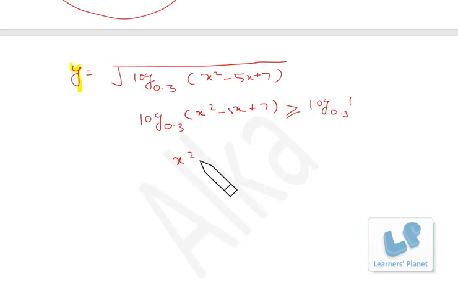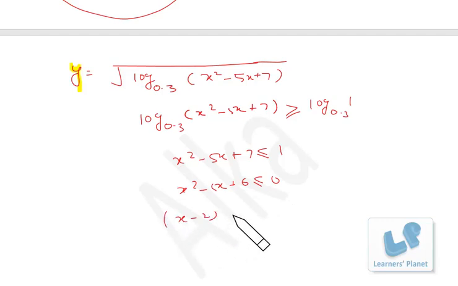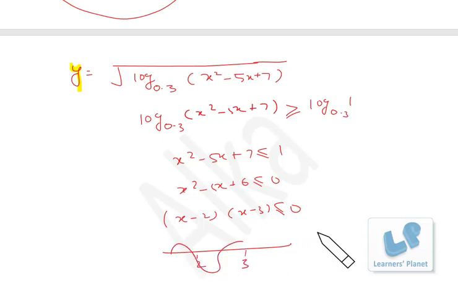So for x square minus 5x plus 7, if I take antilog, since 0.3 is less than 1, the sign will be changed. So x square minus 5x plus 6 is less than or equal to 0, so I can say x minus 2 times x minus 3 is less than or equal to 0. So x belongs to 2 to 3, both included, right?